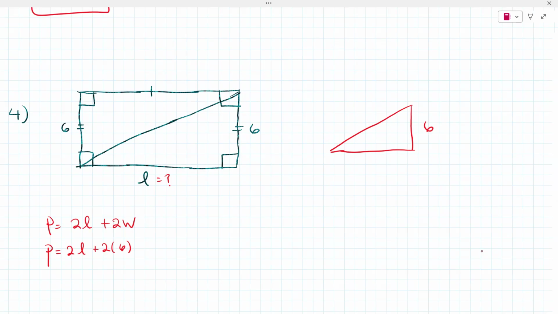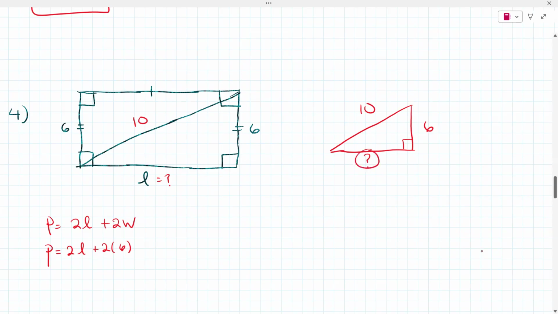Sorry, this should have been given, 10. That's okay, yes, this 10 was given. But the length wasn't given. So how do we find this unknown length? If it's a right triangle, we could use Pythagorean.